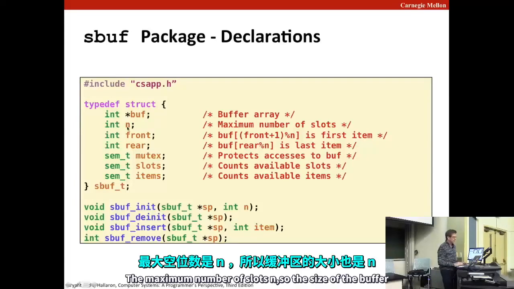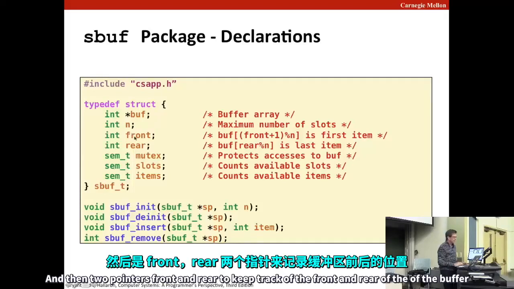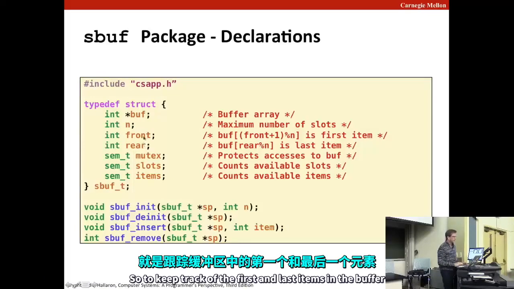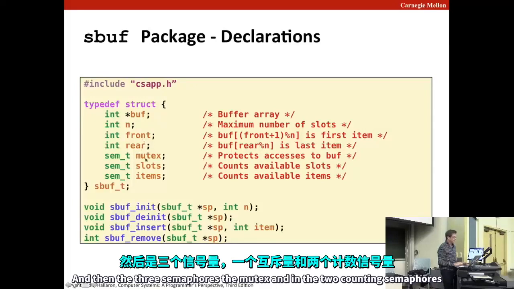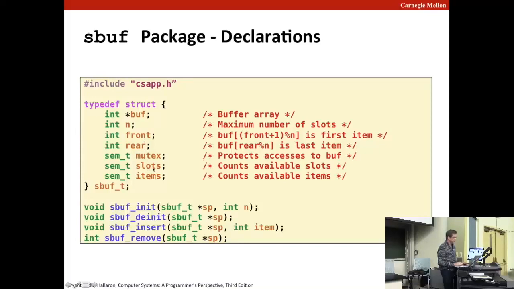The maximum number of slots, n, so the size of the buffer, and then two pointers, front and rear, to keep track of the front and rear of the buffer, so to keep track of the first and last items in the buffer. And then the three semaphores, the mutex and the two counting semaphores.